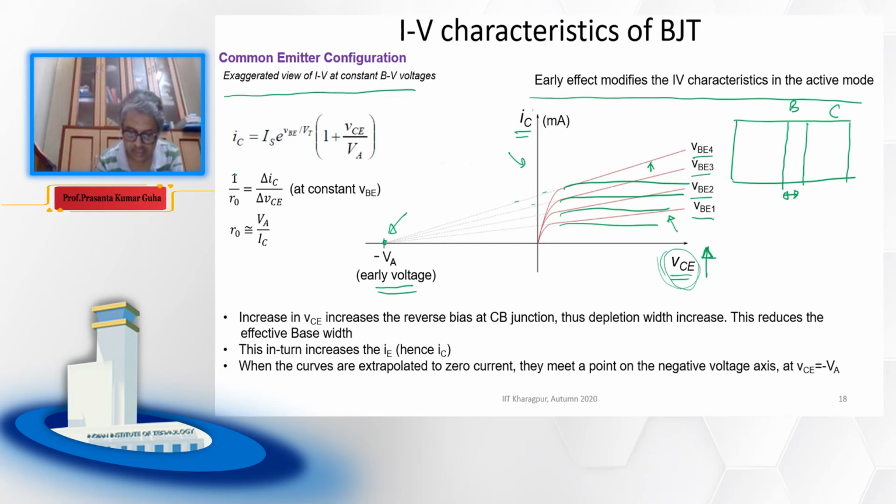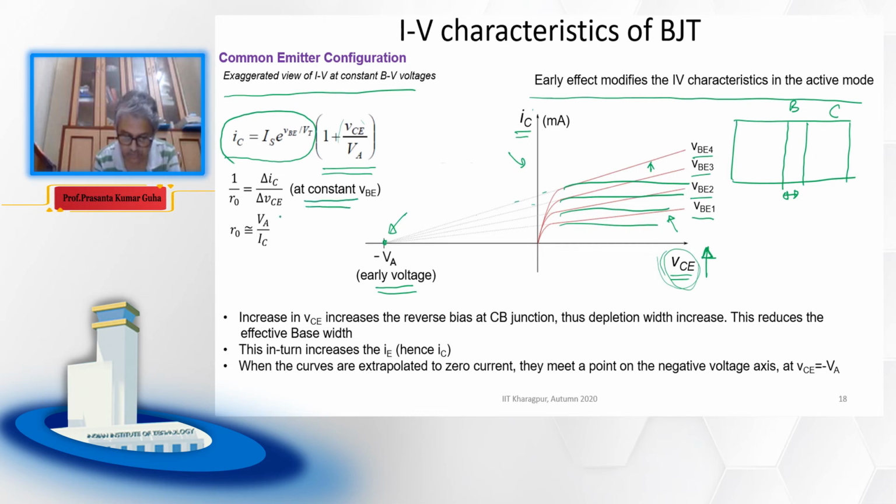Now usually we write IC is equal to IS exponential VBE over VT, but here we have multiplied by one additional term, which is 1 plus VCE over VA. This is because of the early effect. Now we can find the corresponding resistance by del IC over del VCE, the change in current with change in collector-emitter voltage at a constant value of VBE.